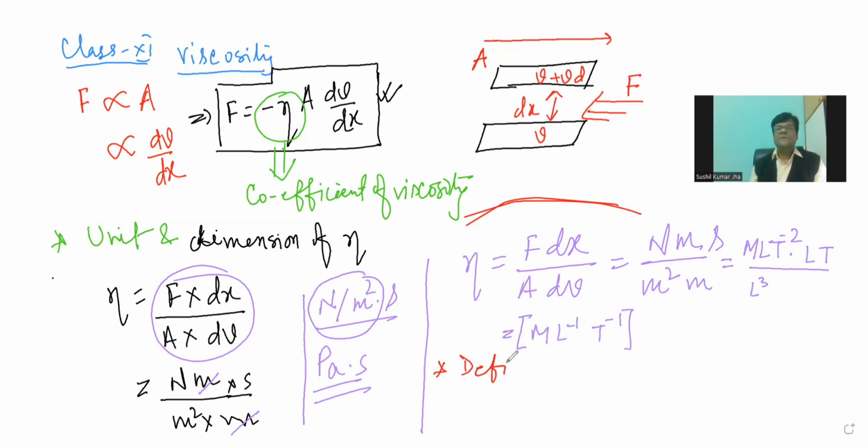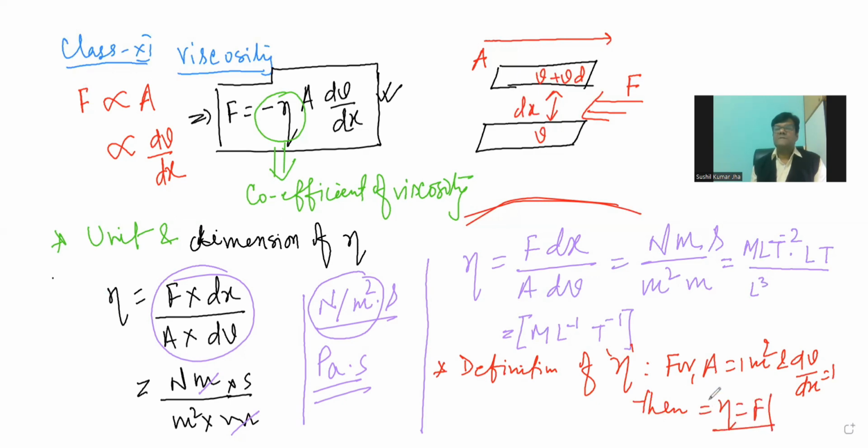So, the definition of eta: to define this, we take A equal to 1 meter square and dv upon dx as unity, then eta becomes F. And thus we convert it into words: the coefficient of viscosity is equal to the viscous force when the liquid layers have unit surface area and velocity gradient 1.